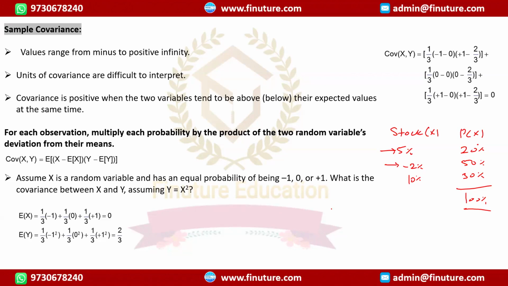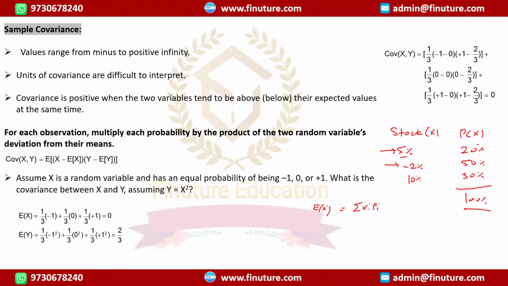Earlier, you calculated the mean as the sum of data points divided by the number of data points. In this type of data, you will just sum xi into pi. That is your expected value, which is also a kind of mean. So you will multiply 5% with 20%, minus 2% with 50%, 10% with 30%, and sum these up.